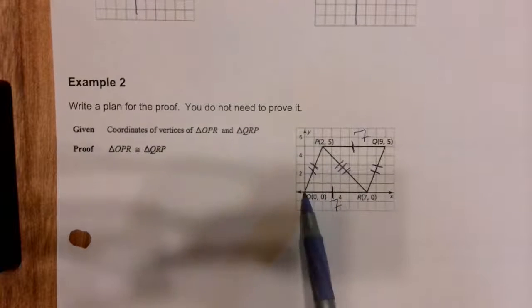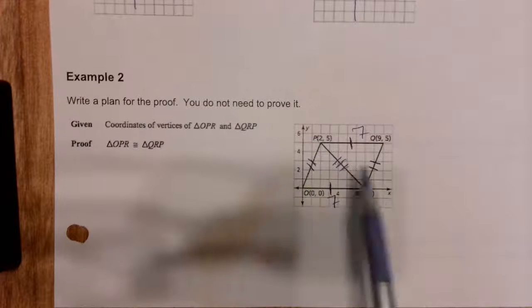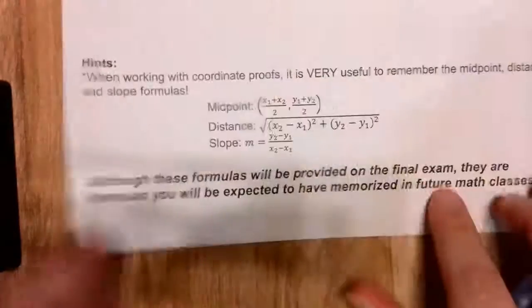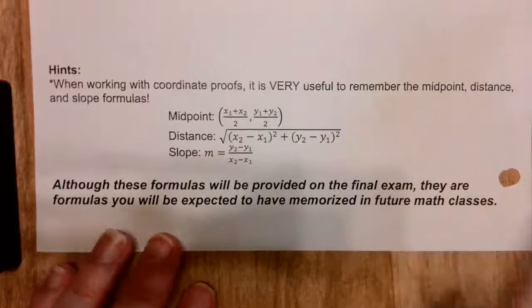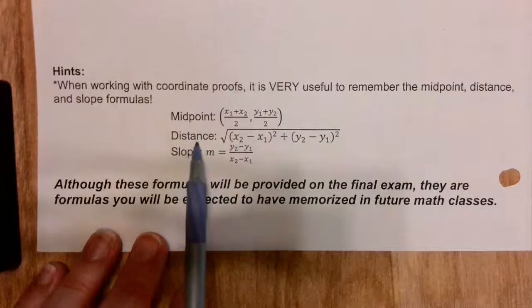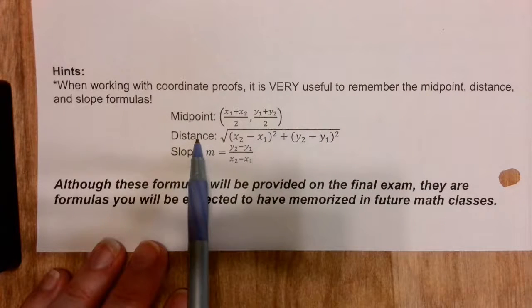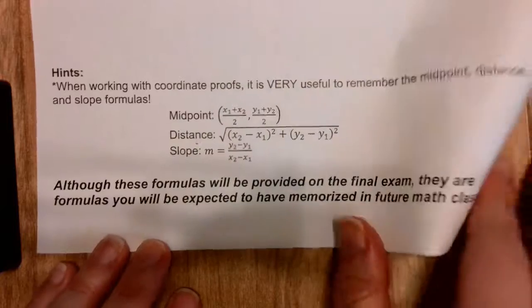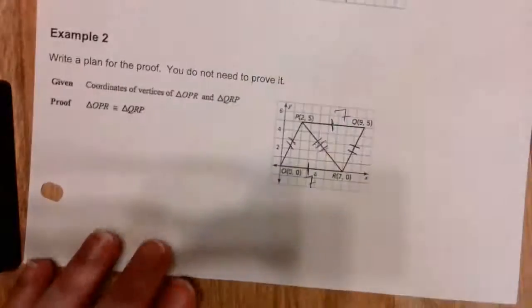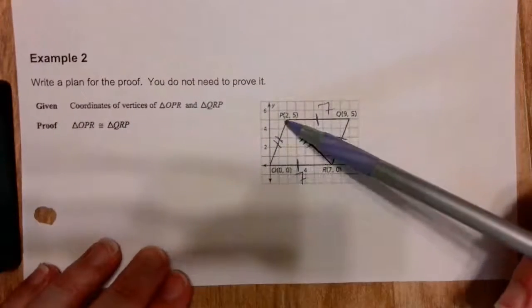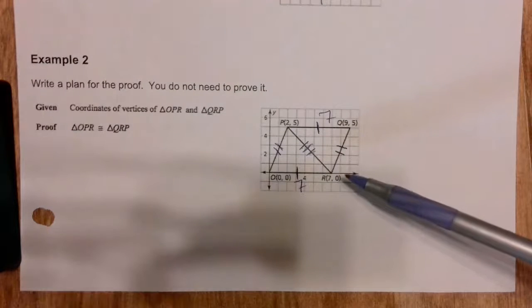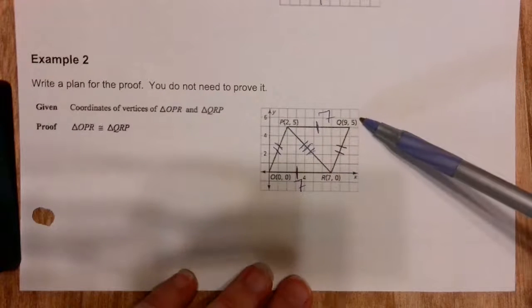All we really need to do is show that OP and RQ are the same lengths. Now to do that, on the back of this paper are some hints. You would need to use the distance formula to find the length. So you could use the distance formula on OP and use the distance formula on RQ.